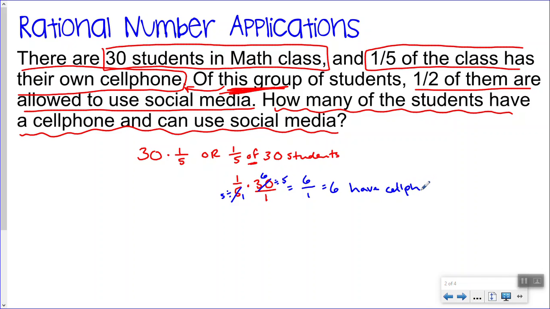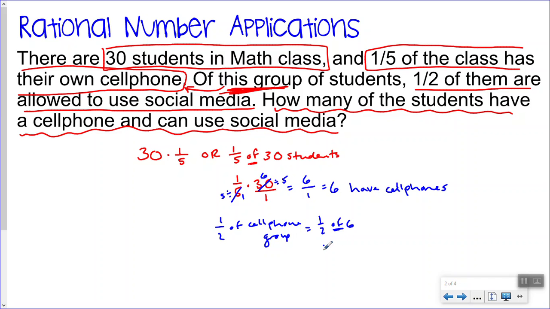But we weren't just asked about who has cell phones. We were also told that half of the students with phones are allowed to use social media. So we want half of the cell phone group. So half of the cell phone group is going to be half of 6.